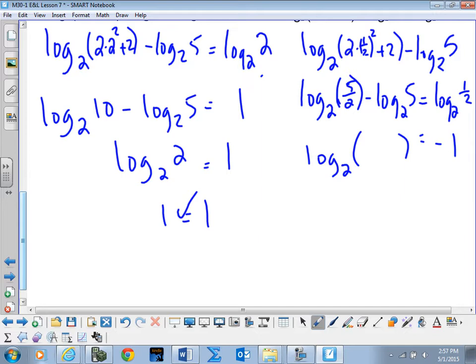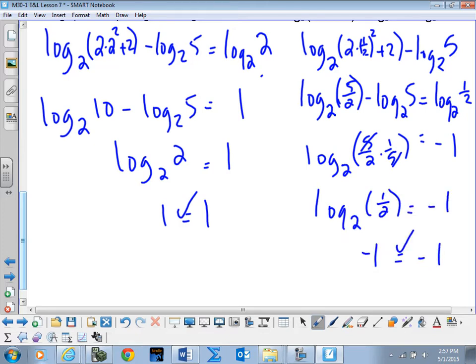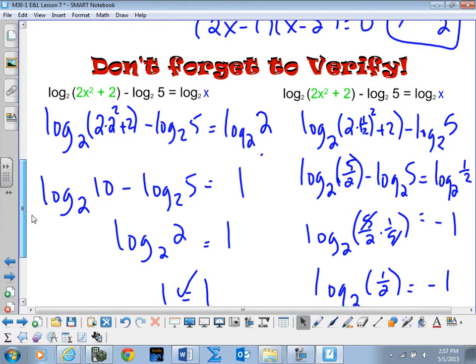So putting these together, I have 5 over 2 divided by 5. Well, divided by 5, that's the same as multiplying by 1/5. So these both work.